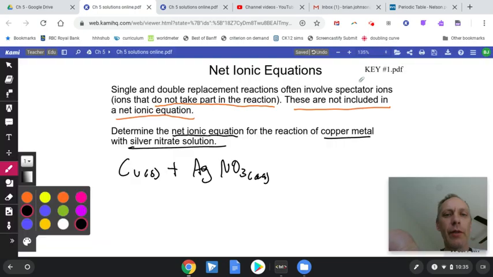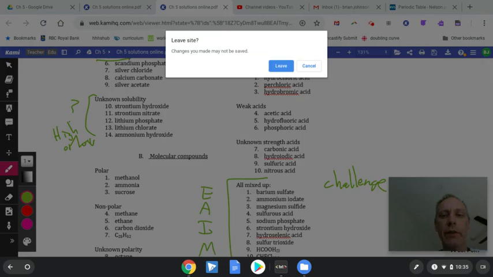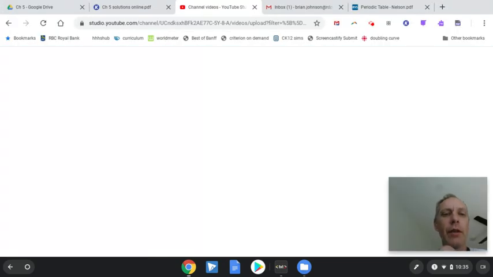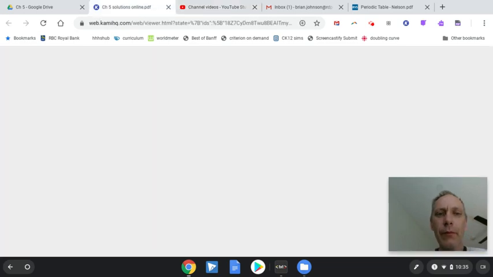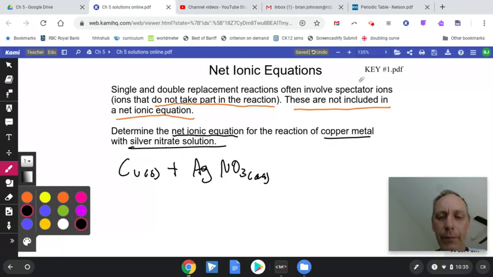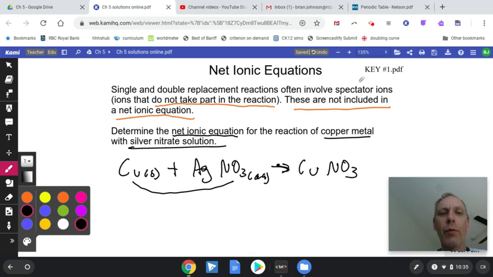And this is the one I want, so let's get rid of that. Leave it. Okay. So, aqueous. And my products, it's going to be single replacement, so the copper will join the nitrate. CuNO3, which copper? There's two of them, copper 1 or copper 2.